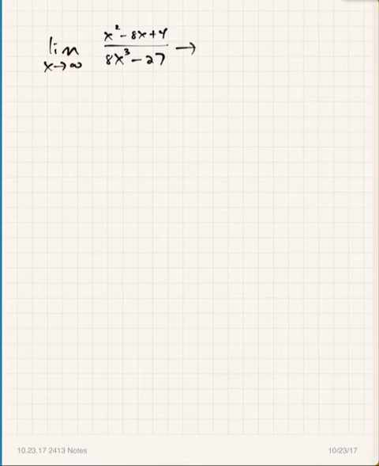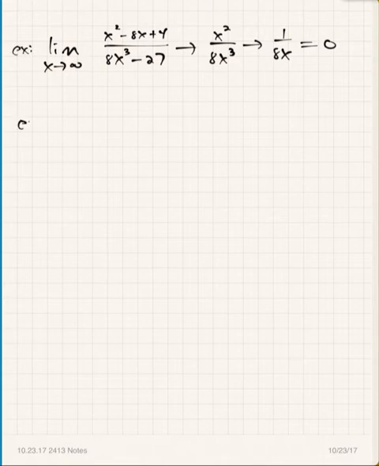The dominant terms are x squared in the numerator and 8x cubed in the denominator. The x's divide out and you're left with 1 over 8x. Remember that the x value is getting larger and larger without bound, going to infinity. So this is going to 1 over infinity, which is going to 0. So you get the value of 0 for this limit.